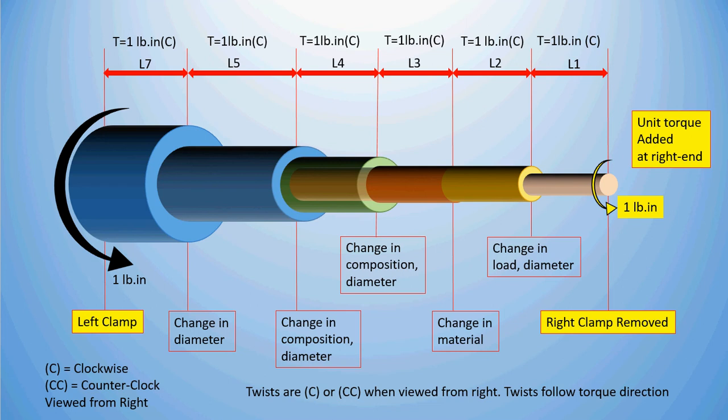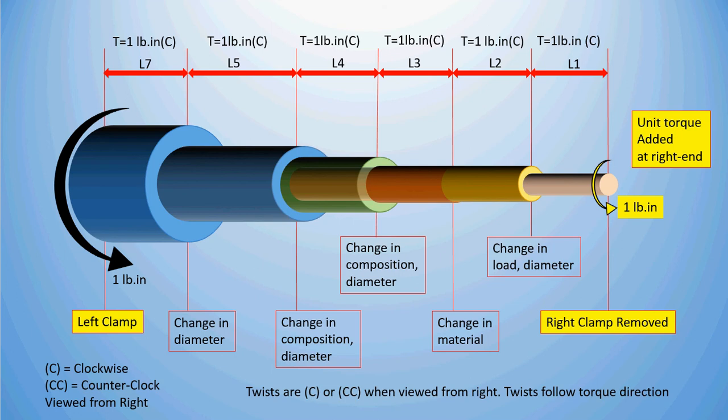It is counterclockwise due to the sign convention being that counterclockwise is positive, clockwise is negative. The unit torque is positive, so it's counterclockwise. You can then just solve through this problem working from the right towards the left as usual and find the net twist of all of the different segments.